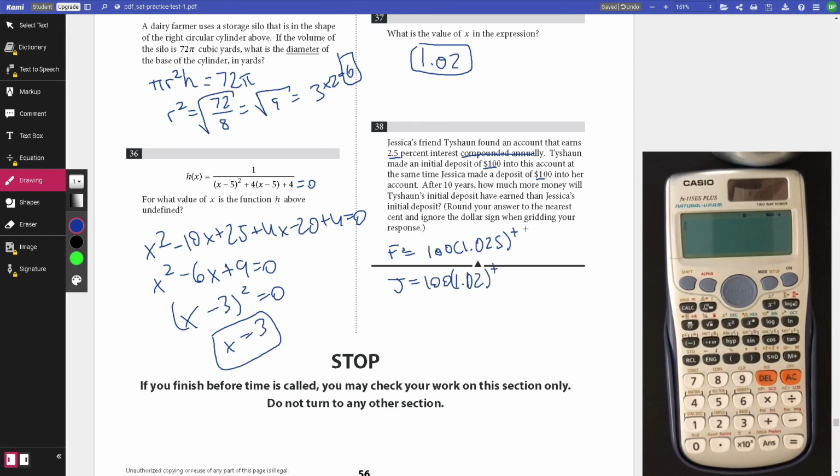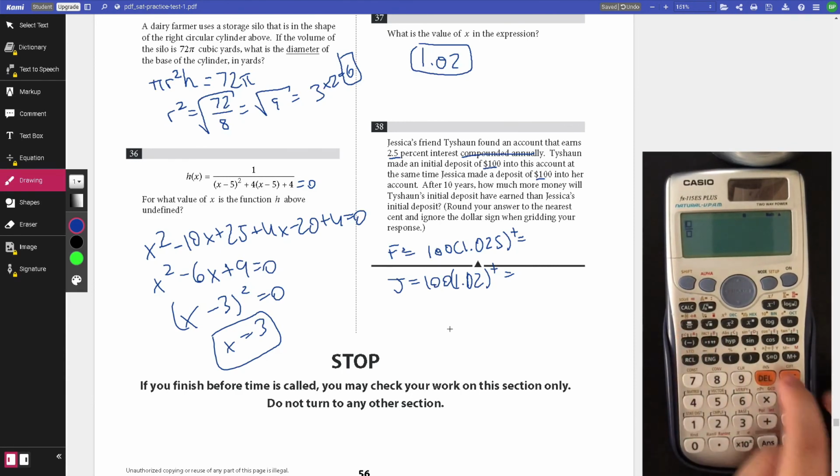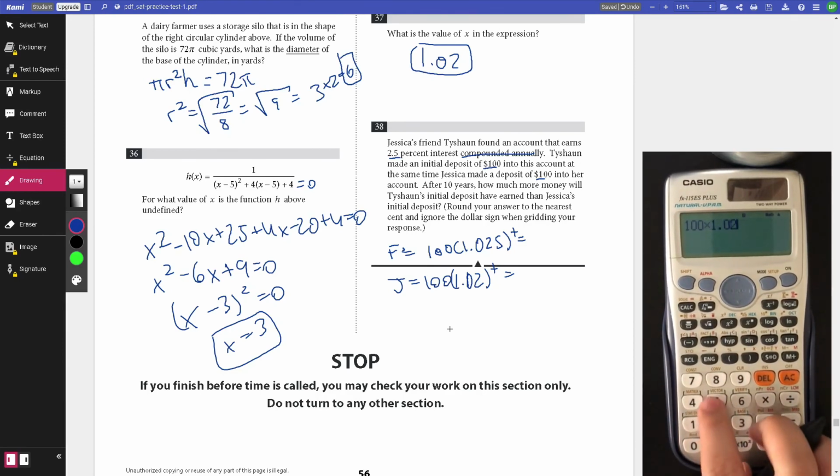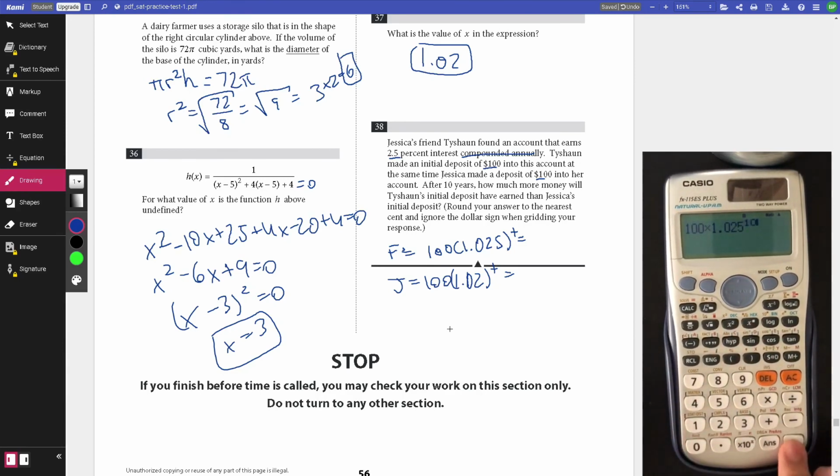Now we just plug in 10 into t and find the values they have after 10 years. We can do that using a calculator. So we have 100 times 1.025 to the power of 10.